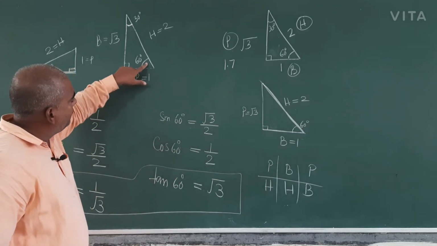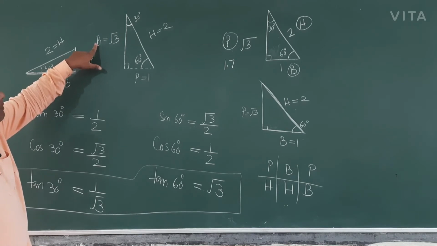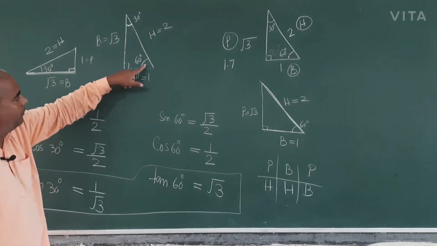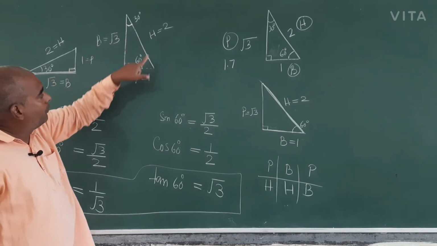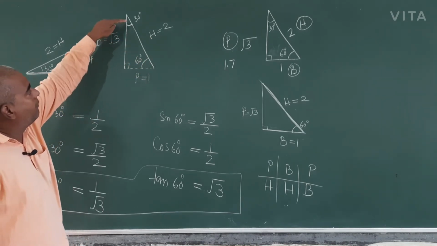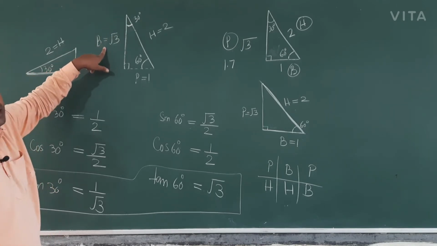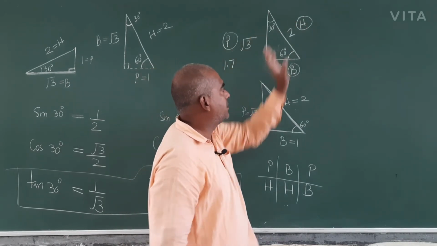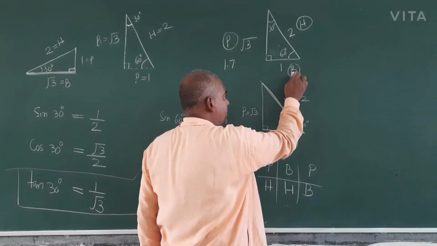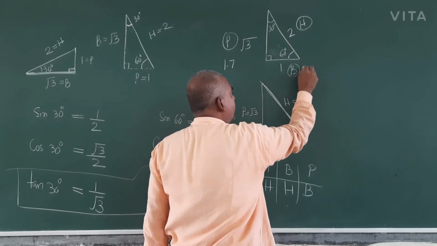The hypotenuse is 2, and the perpendicular is root 3 upon 2. For cos 30, this is the base. Base and hypotenuse: the hypotenuse is fixed. For 60 this is base, but for 30 this is the perpendicular.